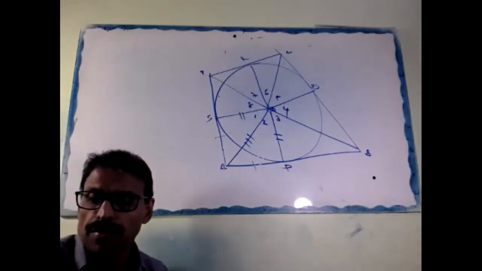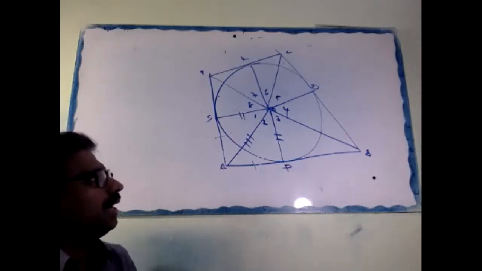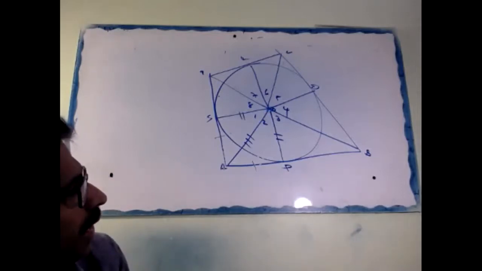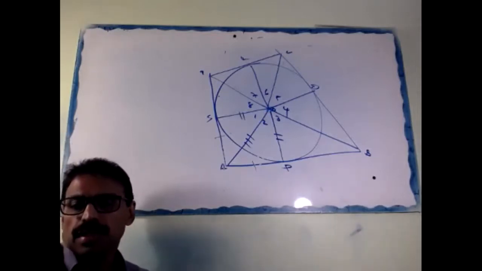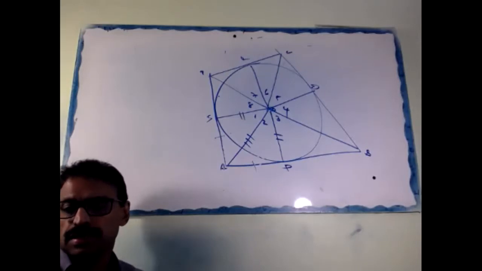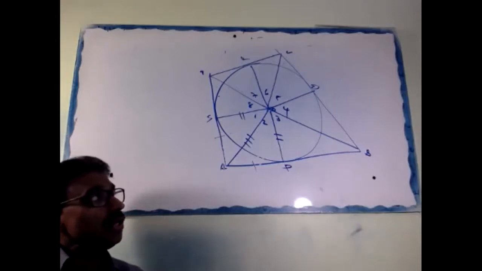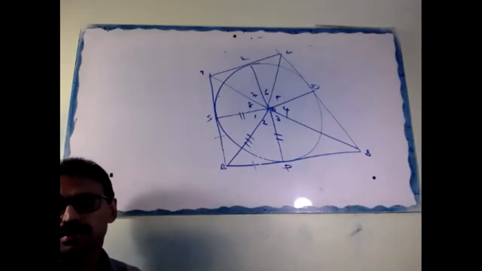OA equal to OA, common. Therefore triangle ASO is congruent to triangle APO by SSS congruency. So angle 1 equal to angle 2, 3 equal to 4, 5 equal to 6, 7 equal to 8.